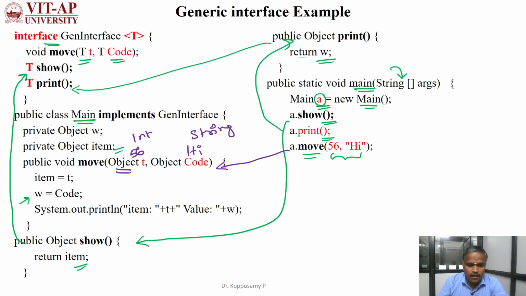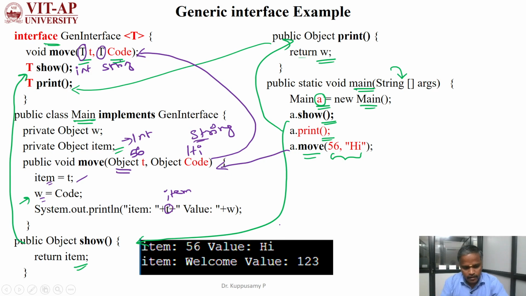Automatically it will call the child class for this integer and for this string also. Then it assigns these values to item and w. Here we can print item. So once it is called, this is overriding the method defined in the interface, which is carrying any data type. So here we are taking integer, then here we are taking string. So it will take any data type. Now we are getting the output in this context.